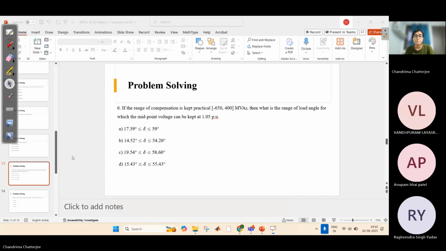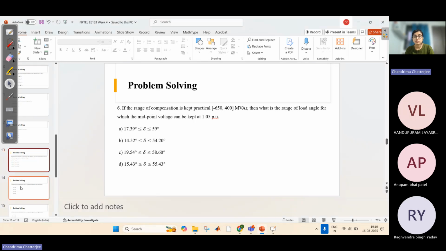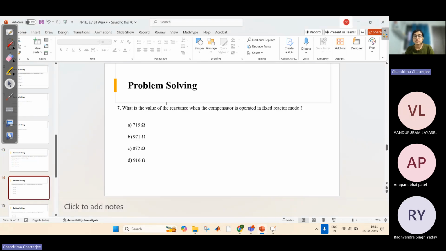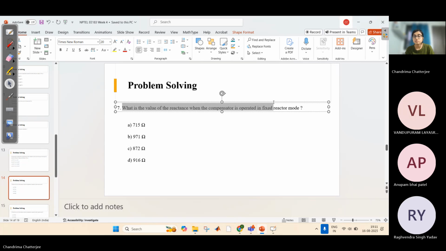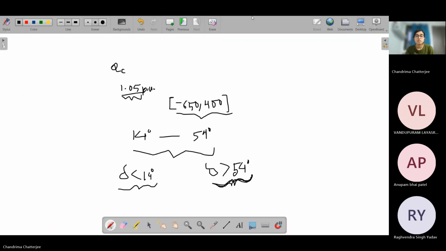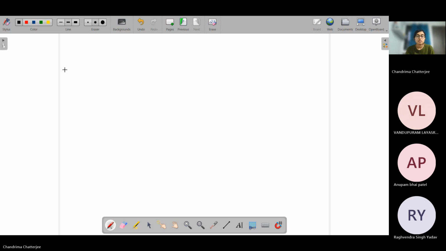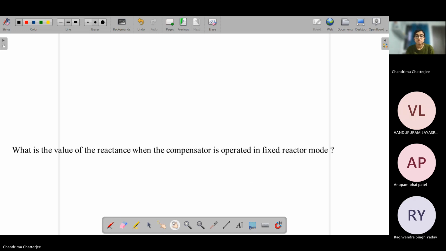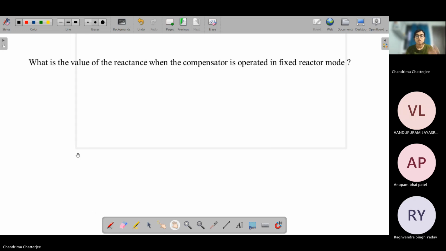Now let's see the next question. What is the value of the reactance when the compensator is operated in fixed reactor mode? Have you seen the lecture? What is fixed reactor mode and what is fixed capacitor mode? Yes, ma'am, in lectures.